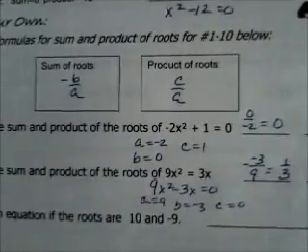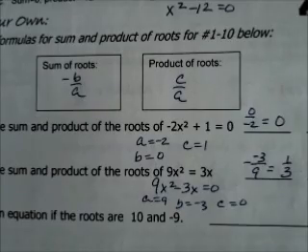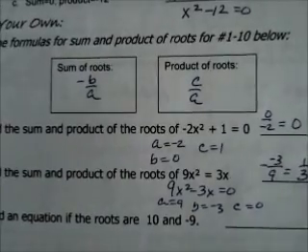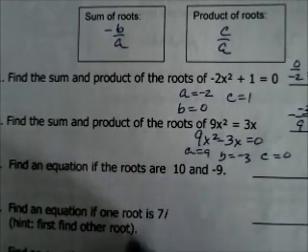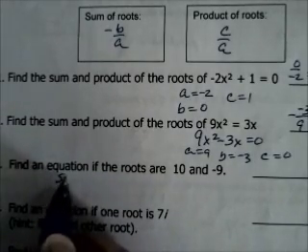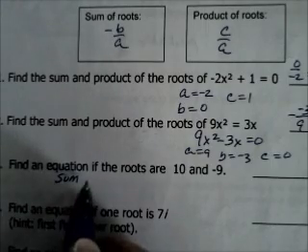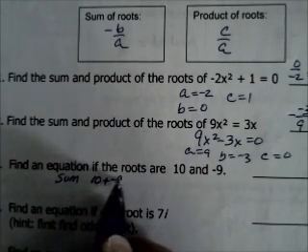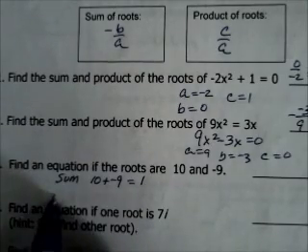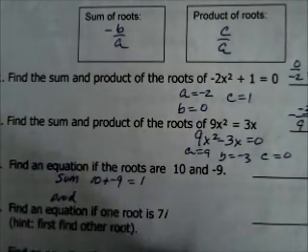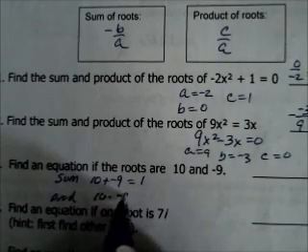Number 3, find an equation if the roots are 10 and negative 9. All right, a little bit of work starting now. 10 and negative 9. Well, what's the sum of these roots? What is 10 plus negative 9? It is 1. And what's the product of these roots? What is 10 times negative 9?